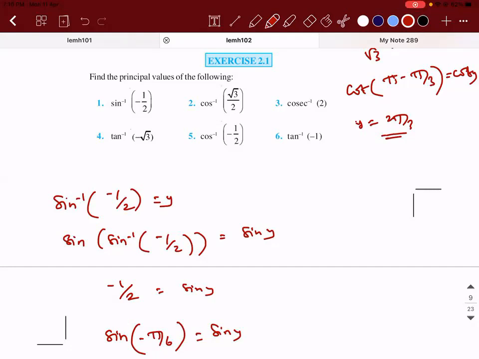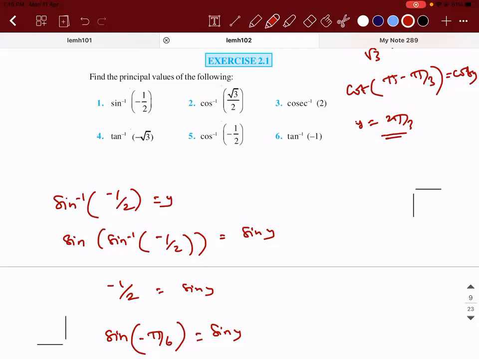What about cos inverse of minus half? Cos inverse, what is the restricted domain? 0 to pi. So pi minus acute angle. How do you find that acute angle? Always find it for the positive value, then write pi minus acute angle. So if it is cos inverse half, what will be the acute angle?